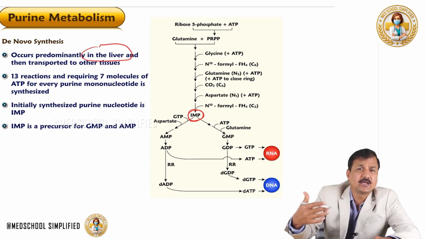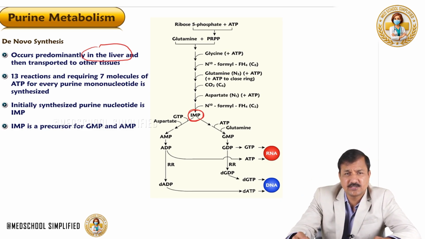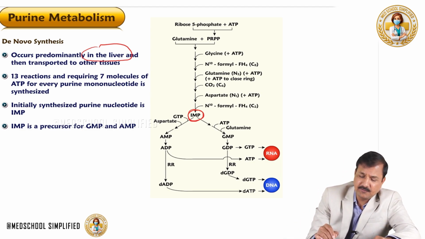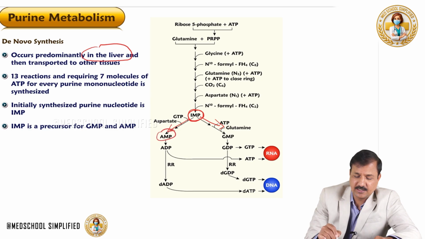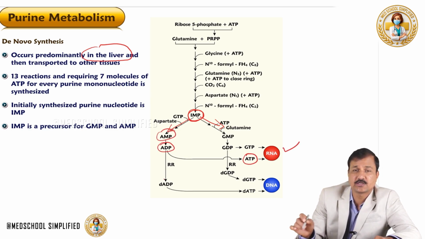So it needs a lot of energy to make inosine monophosphate and also it takes a lot of time. De novo synthesis of purine nucleotides takes time and energy for a cell to make a purine nucleotide from scratch. Remember that. And that IMP will go in different directions. It can go towards adenosine monophosphate and then adenosine diphosphate and then adenosine triphosphate to go towards RNA.